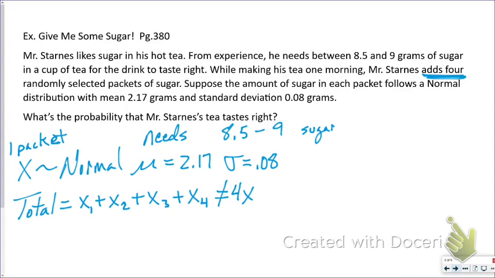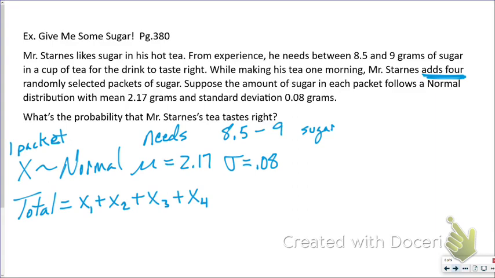Because we have independent packets of sugar. If you write 4x, that's like you're ignoring the variability of each packet. All right? You would do 4x if maybe you were converting grams to ounces or something like that. So since I have 4 individual packets, I'm not allowed to write 4x. I have to represent each packet.